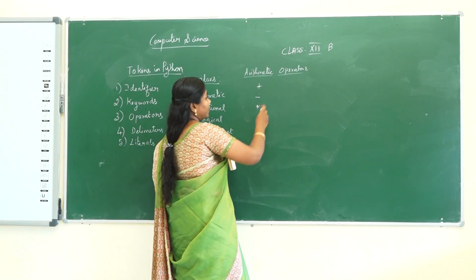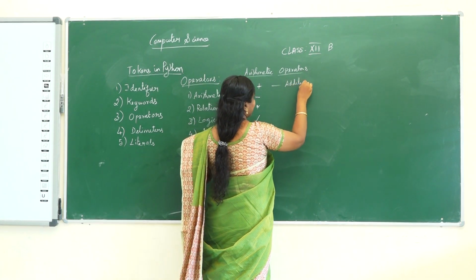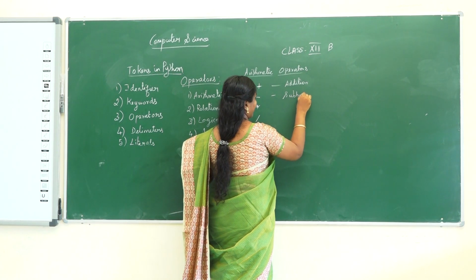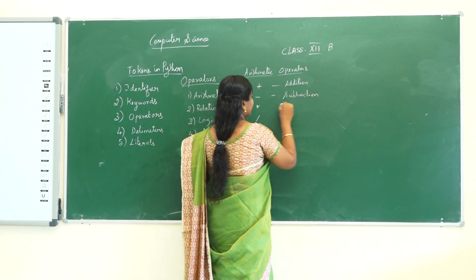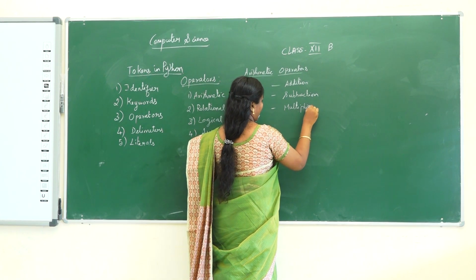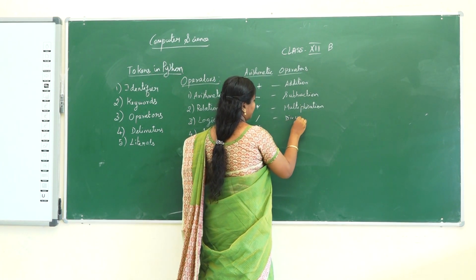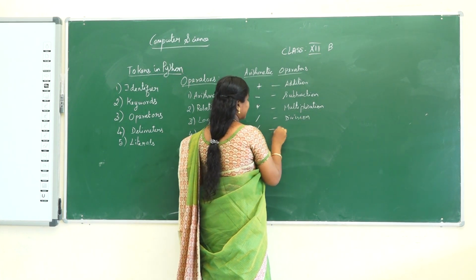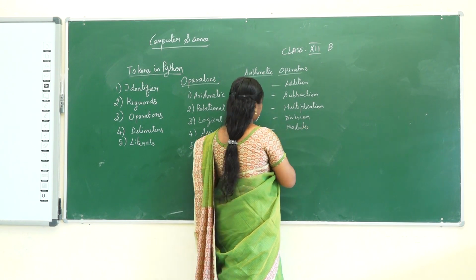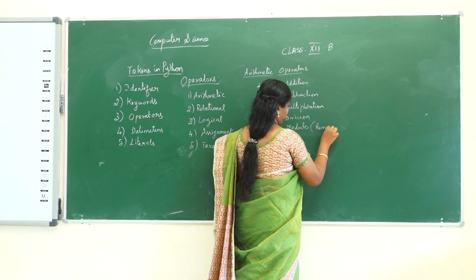As usual you know that plus is used for addition, minus is used for subtraction, star symbol is used for multiplication, and slash for division. The percentage symbol is known as the modulo symbol, it gives the remainder.